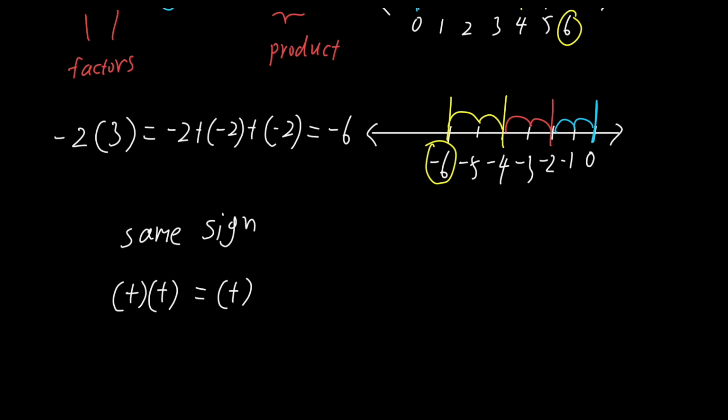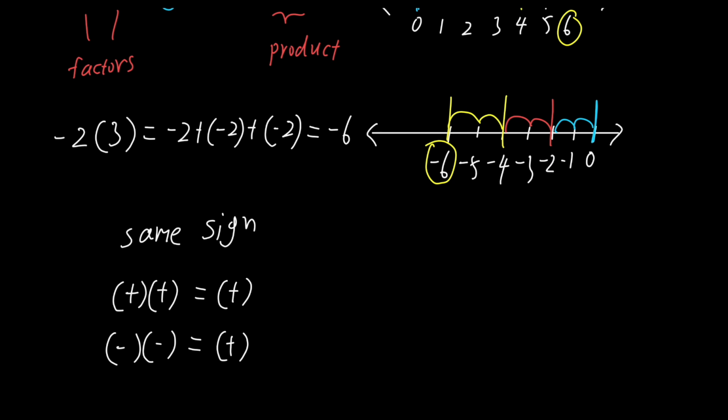And if I have two negative numbers, the result will always be positive as well, even though you see that's a negative, but this case is multiplication. So it's a different rule from subtraction or addition.